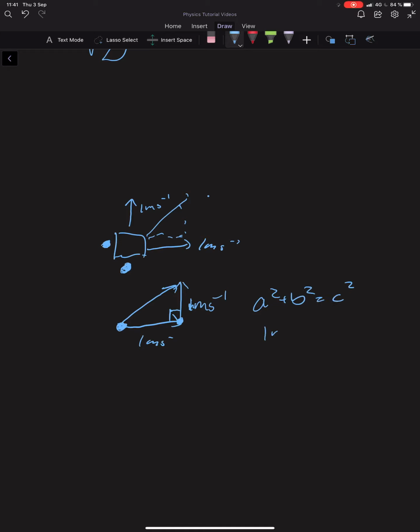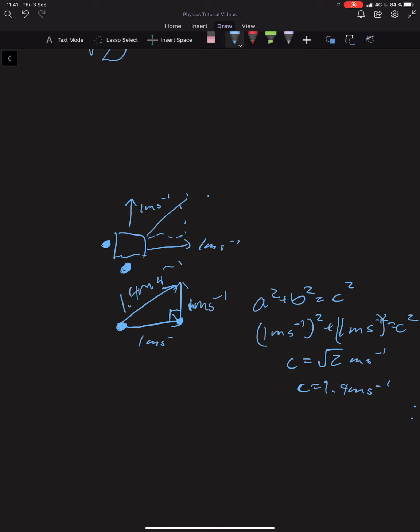This is (1 meter per second) squared plus another (1 meter per second) squared equals c squared. c equals root 2 meters per second. And I'm getting out my calculator. If you want to give that an exact value, you could call it something like c equals 1.4 meters per second.